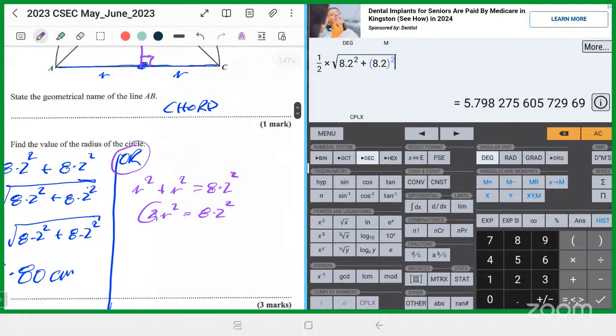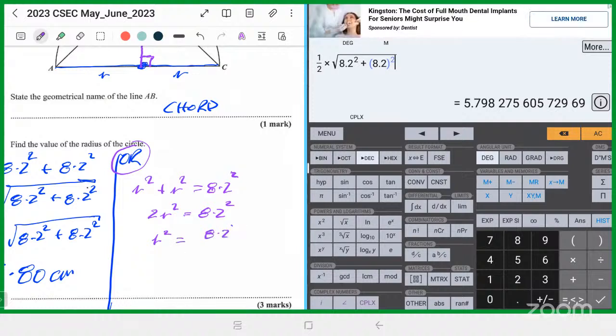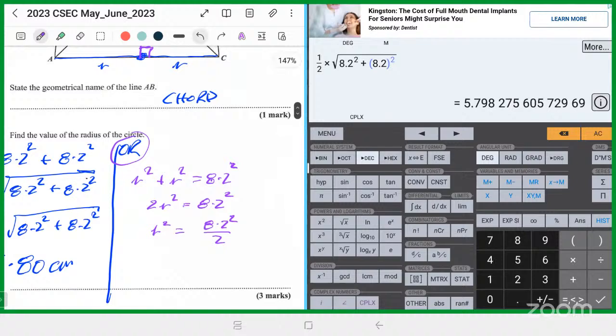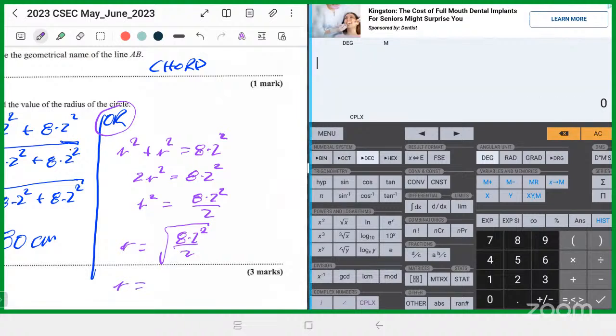So we'll divide by 2 and get R squared equals 8.2 squared over 2. And then to get rid of the square, we want a square root. And so R will be the square root of 8.2 squared over 2. Let's see what we get if we do it that way.